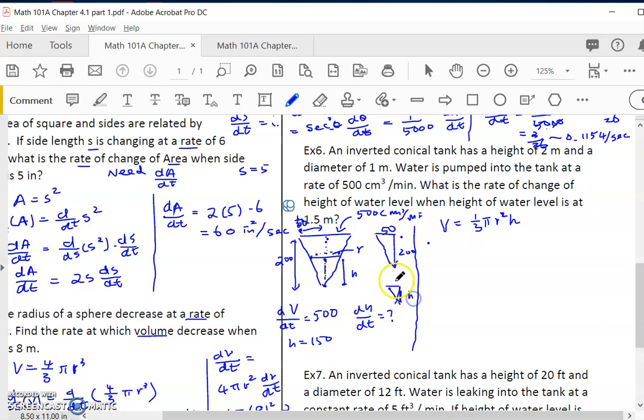The water is H and R, so we say 50 over R is equal to 200 over H. That means 50H is equal to 200R, or R is 1/4 of H, if you divide by 200 on both sides. So this is what we use, similar triangles.